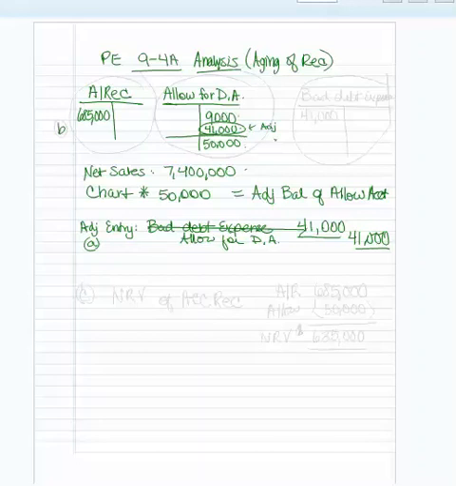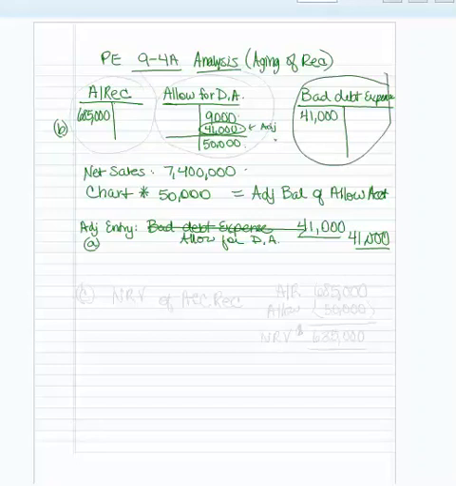Part B, I'm going to go up here and look at the T accounts because it says determine the amount of the adjusted balances for these three accounts. Accounts receivable, allowance for doubtful accounts, and bad debt expense. Well, when I post the adjusting entry, what is my debit to bad debt expense? $41,000.